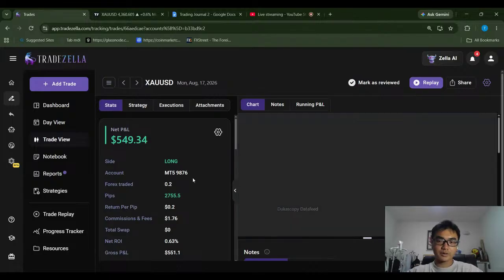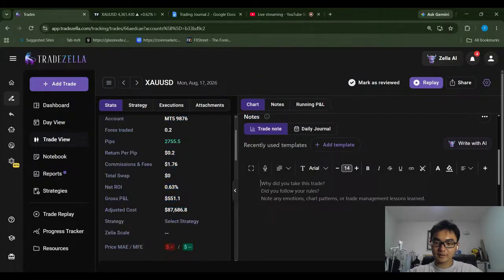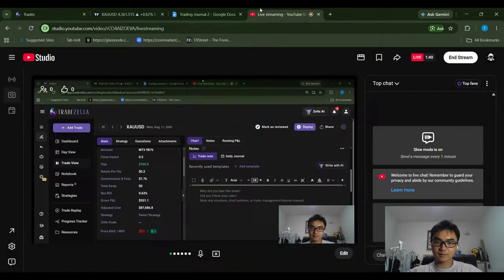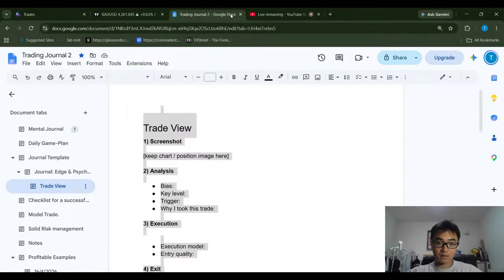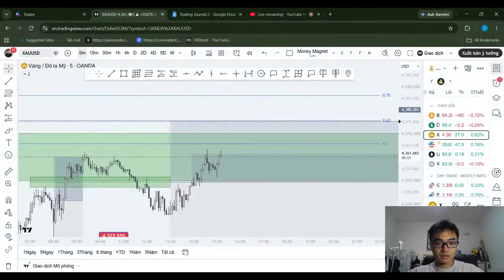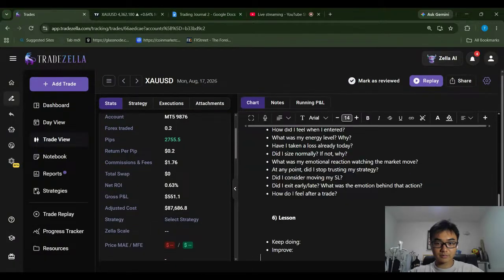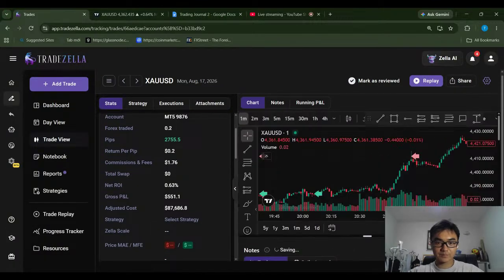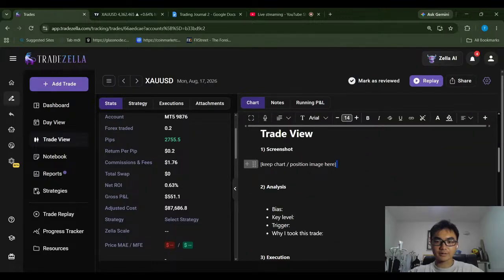So this is the long trade on the XAU USD. I just mentioned this one. So the screenshot right here.